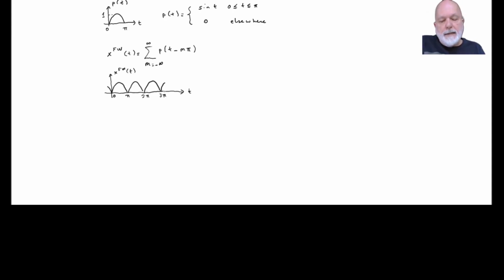Now, in a previous video, we have calculated the Fourier series coefficients of the full wave rectified sine signal as 2 over pi times 1 over 1 minus k squared, where k is running from minus infinity to plus infinity.